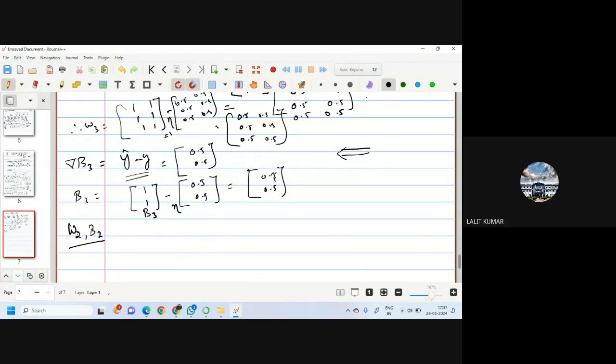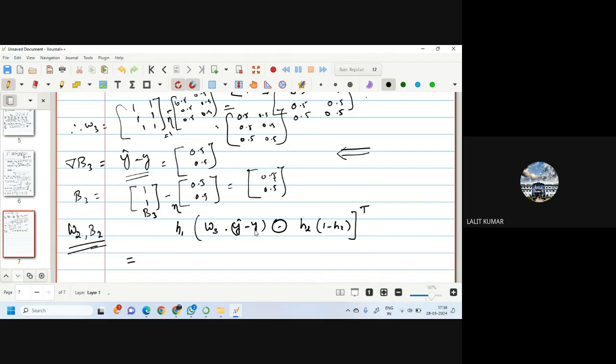Now we come to W2 and B2. For W2 and B2 also we can straight away use the formula we had found out: H1 into W3 times y hat minus y, times H2 into 1 minus H2, transpose. So for that we'll have to compute W3 into y hat minus y.